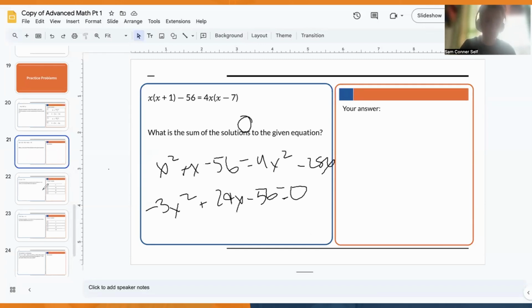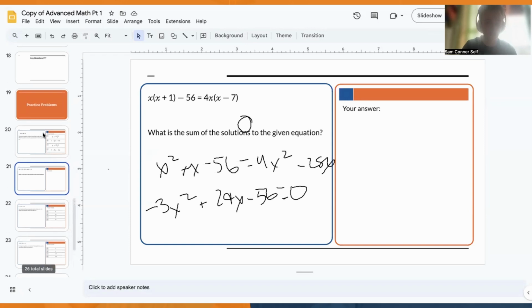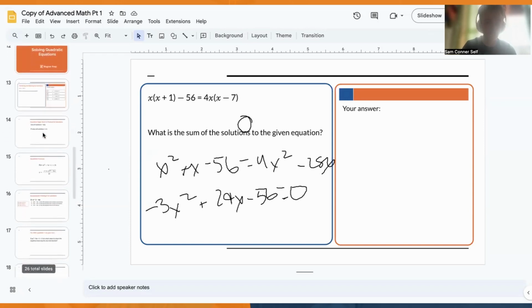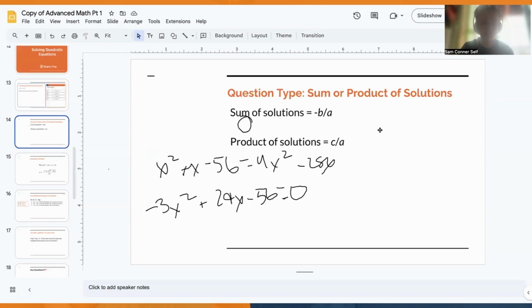A different way, remember this slide we looked at way back up here, is that when they ask for the sum of solutions, it's going to be negative b over 2a. Let me go ahead, or negative b over a, apologies.